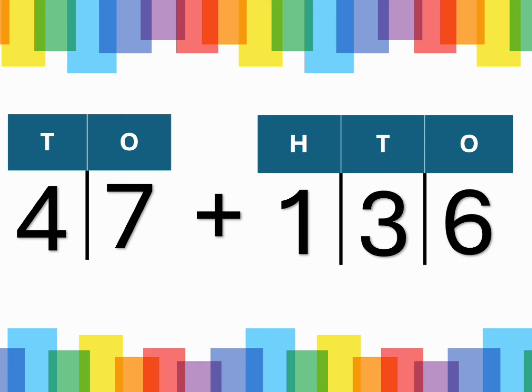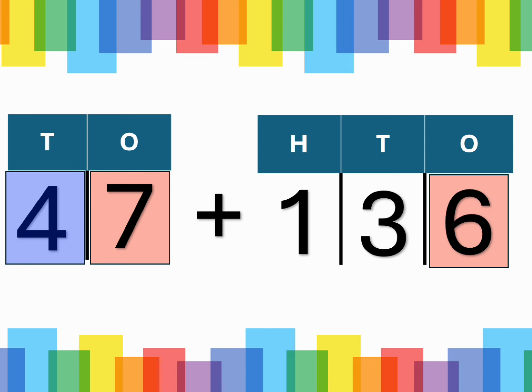So for 47, 7 is in the ones place and 4 in the tens place. But for 136, we have 6 in the ones place, 3 in the tens place, and 1 in the hundreds place.